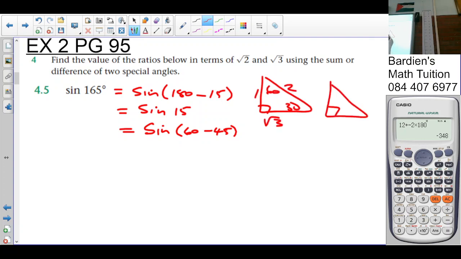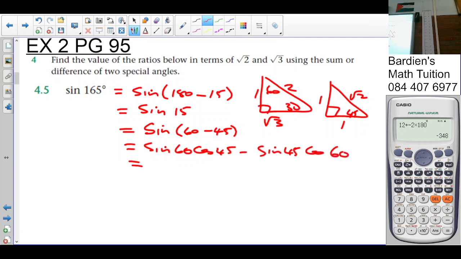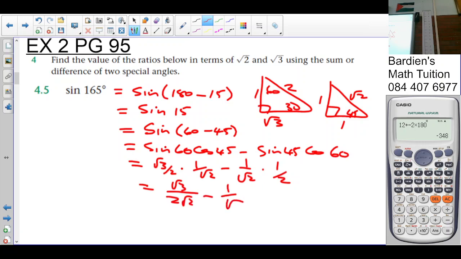For 45 it is 1, 1, root 2. So that would be sine alpha cos beta minus sine beta cos alpha. That now gives us root 3 over 2 times 1 over root 2 minus 1 over root 2 times a half. So that will be root 3 over 2 root 2 minus 1 over 2 root 2, which is root 3 minus 1 over 2 root 2. Okay.